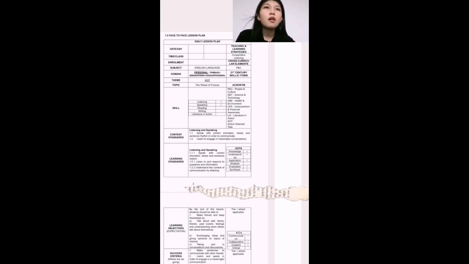There are four high-order thinking skills involved, which are knowledge, understanding, application, and also synthesis.